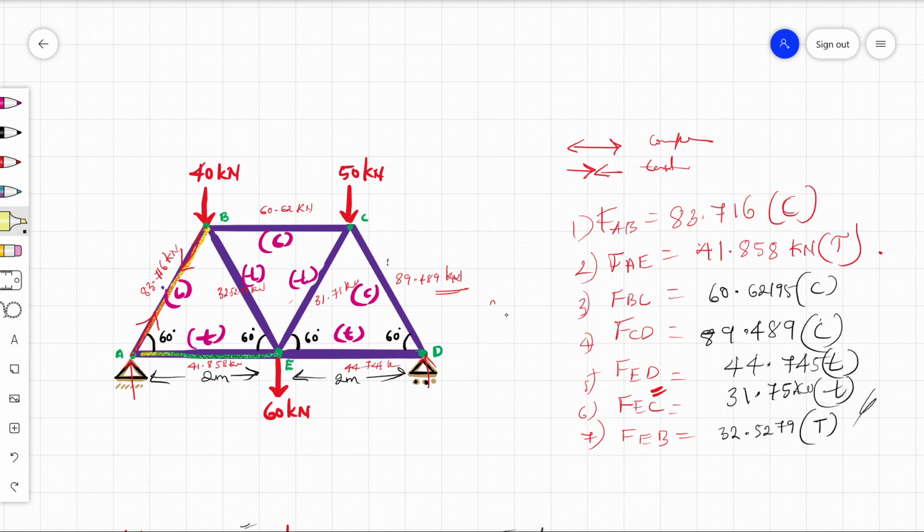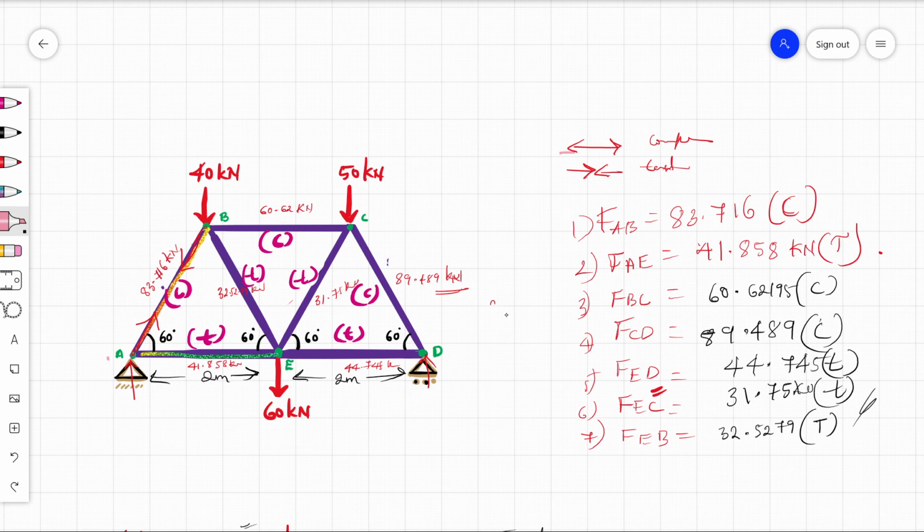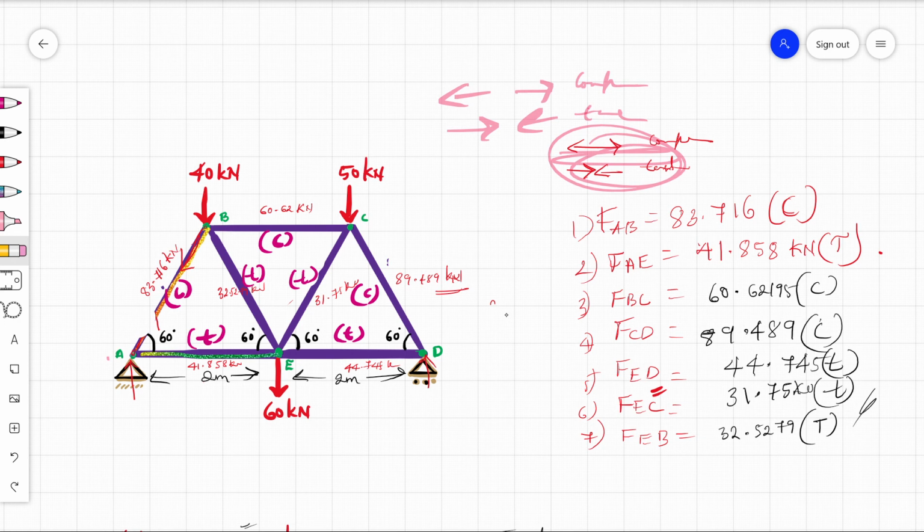And the last thing I'll do with the help of the marker itself. Now whether compression or tension, I'll take this as compression, and if both are going towards each other, I take it as tension. For the first member AB, that is in compression, I have to draw the compression symbol. That is, both are moving away from each other.